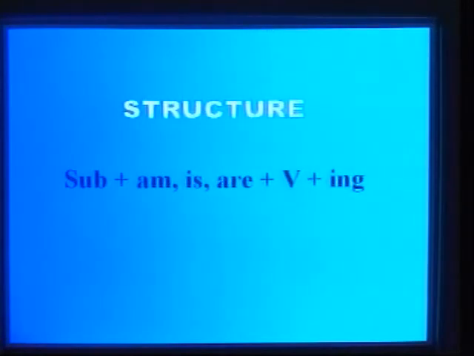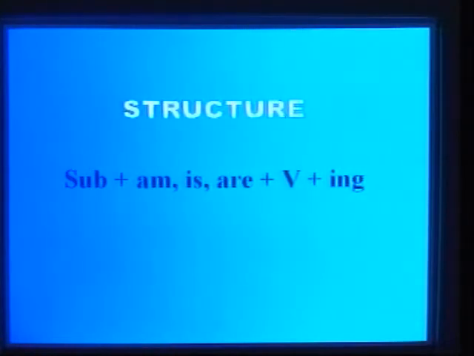Are standing, are drinking, is playing. See, these were the sentences. So in the sentences we have one of the three be forms and also the verb in the continuous form. So this is the structure.